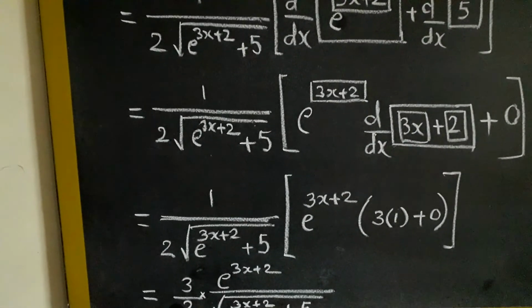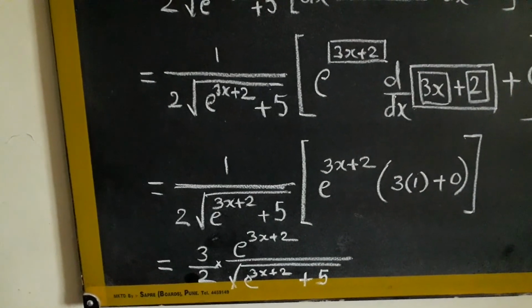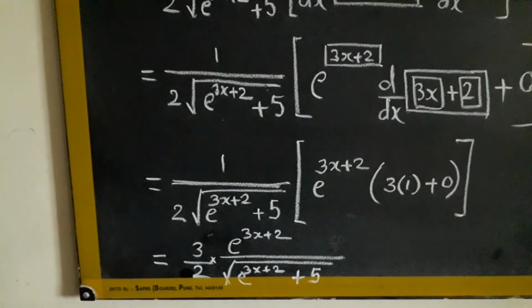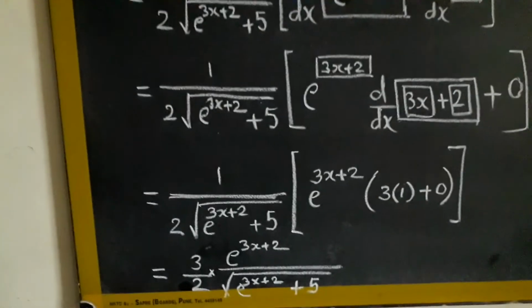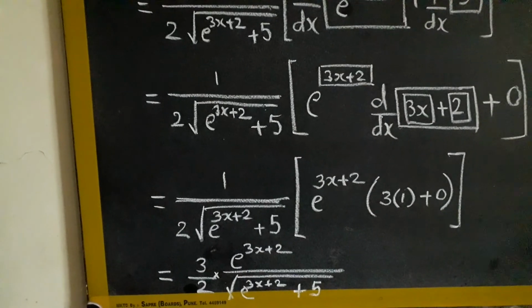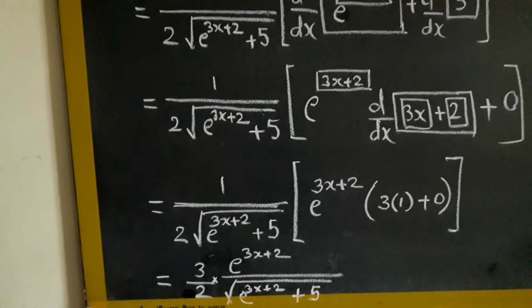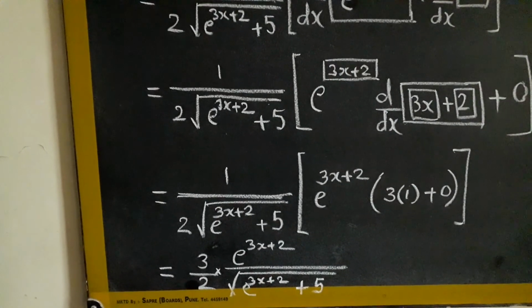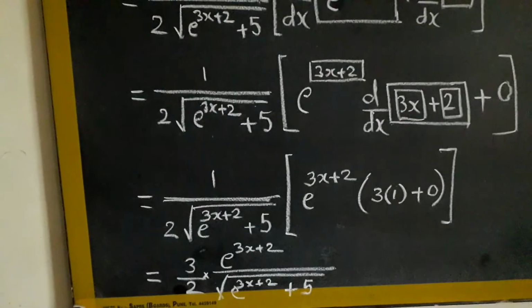So we are writing that. Finally, we are just rewriting and rearranging the terms or factors. Here I can see there is a 3 and a 3 by 2 coefficient, and in the numerator e raised to 3x plus 2, upon the square root of e raised to 3x plus 2 plus 5, and that's it.